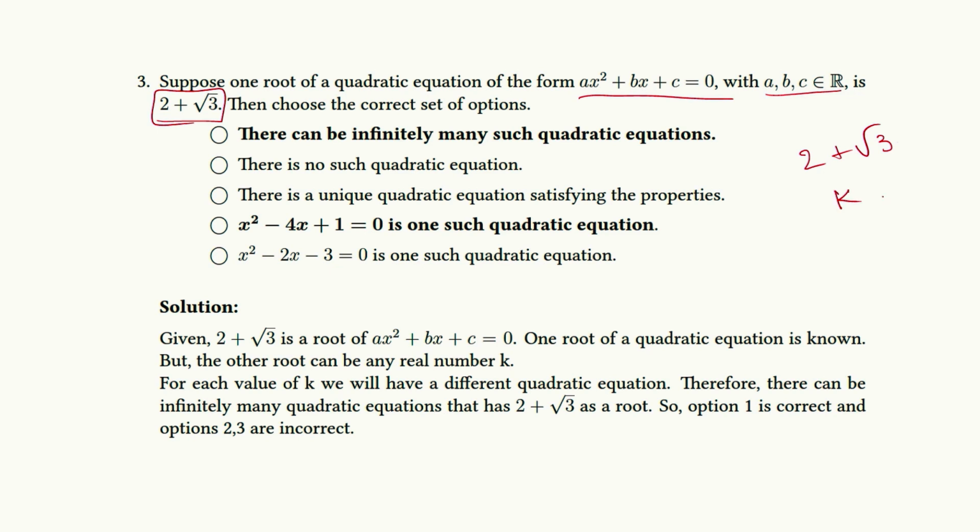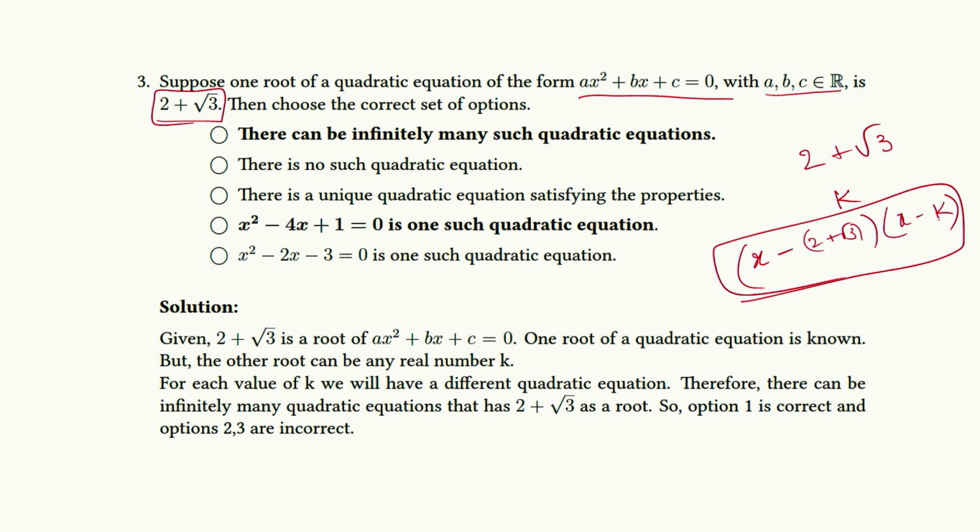The second root can be any real number k, and we can form a quadratic equation by saying x minus 2 plus root 3 times x minus k. This will be a quadratic equation. If we keep on changing this k, we will get different quadratic equations. So there can be infinitely many such quadratic equations is a correct option.